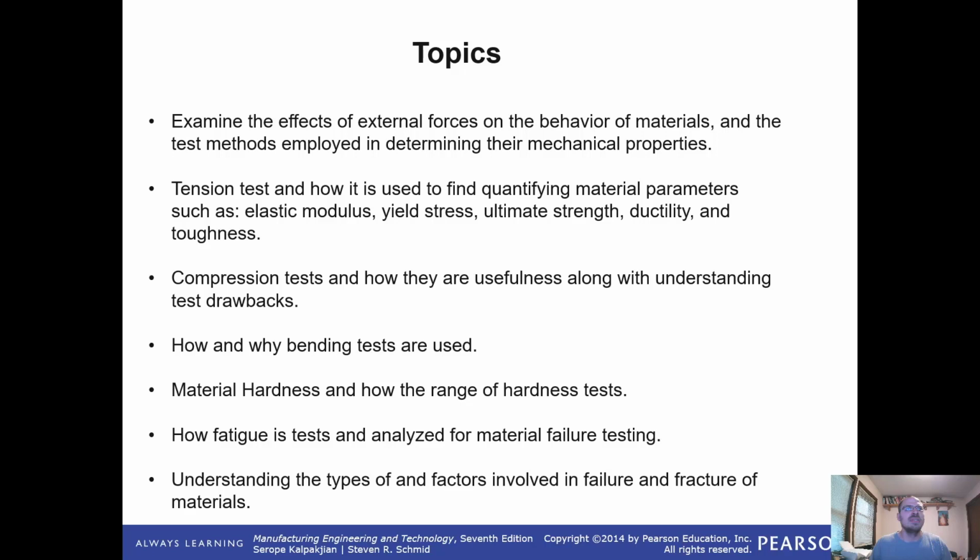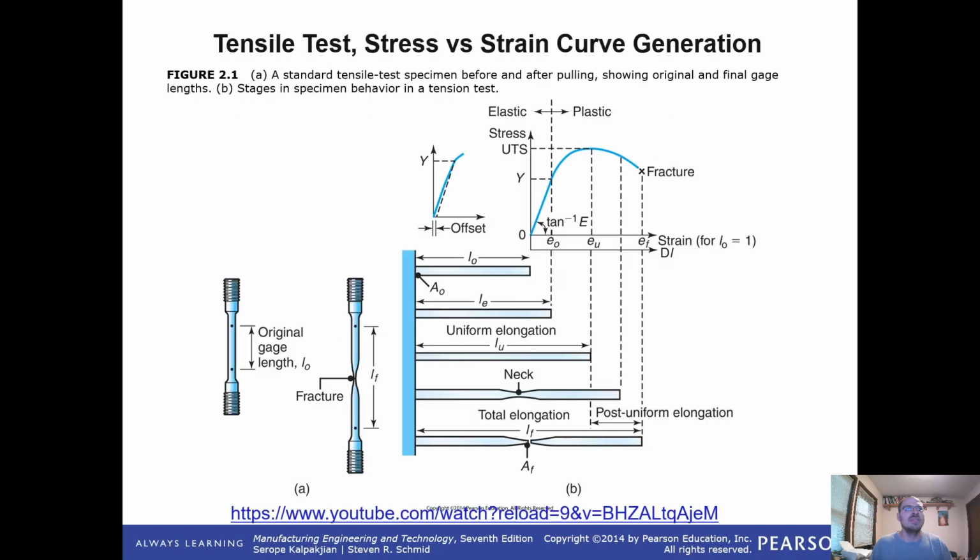So we'll discuss tension tests, compression tests, how and why bending tests are used, material hardness and how it's ranged in hardness tests, how fatigue is tested and analyzed, and failure testing, understanding the types of and factors involved in failure and fracture of materials.